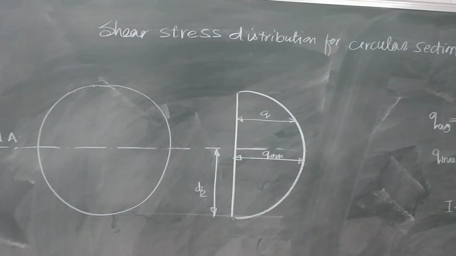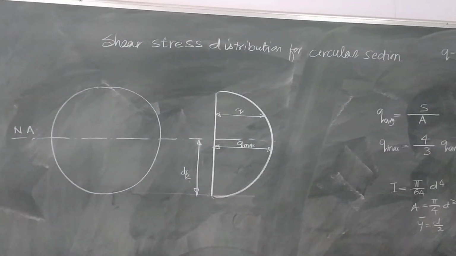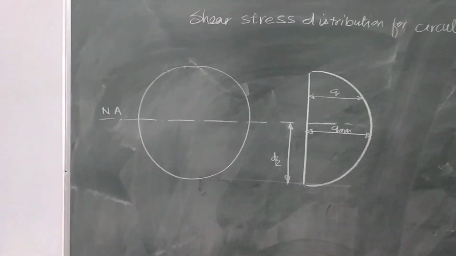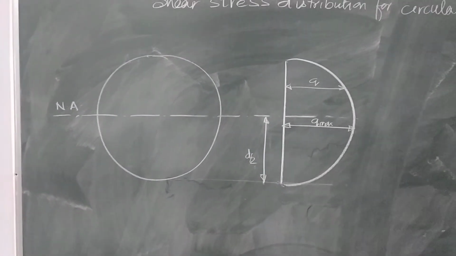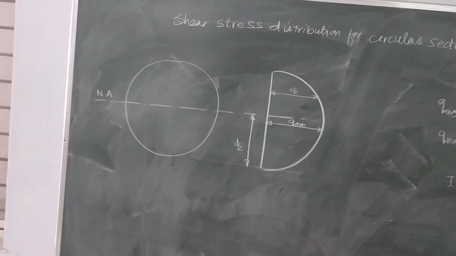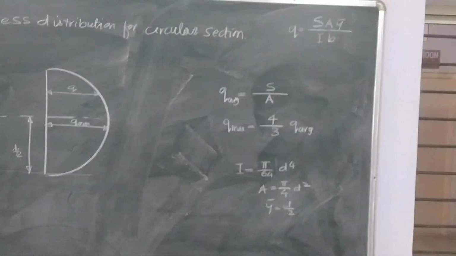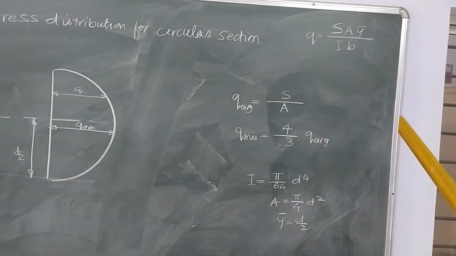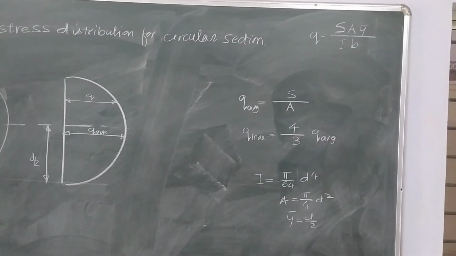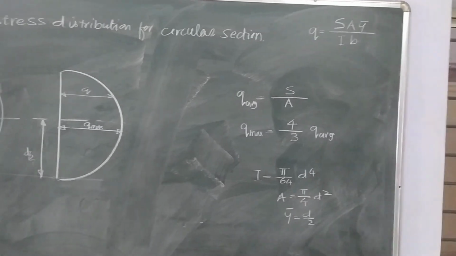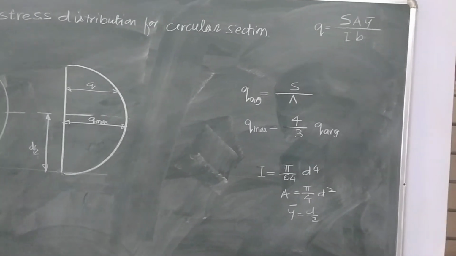Similarly, let us study shear stress distribution for circular section. It is very similar to the previous one. Circle is also a symmetrical section. Q average for circular section is S upon A, where S is shear force and A is area.